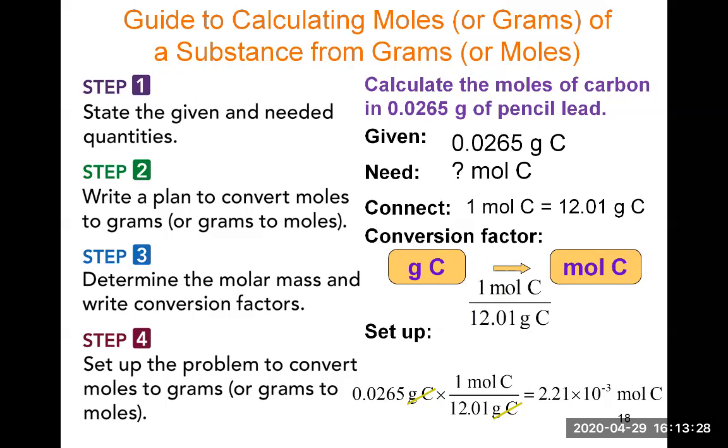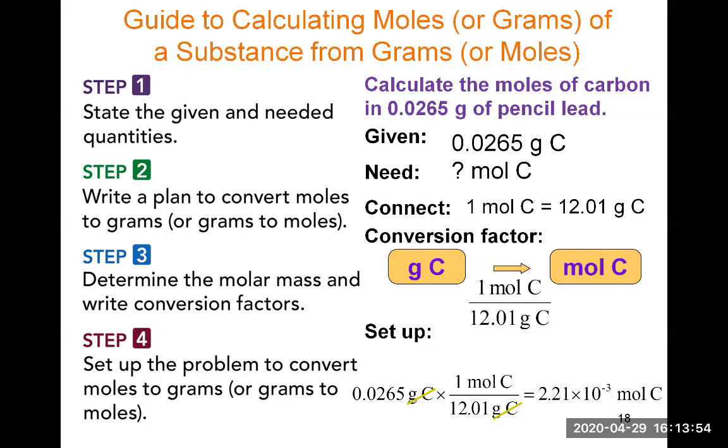So the second function of the degree key is to change the display mode to floating point, scientific notation, or engineering. So always use floating point or scientific only. So in scientific notation, it's 2.20649, etc. times 10 to the negative 3.